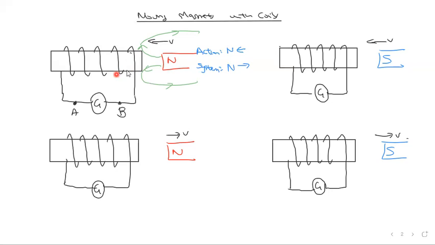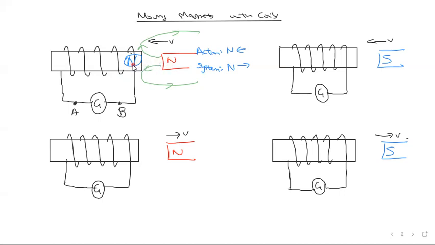Now, the only way the system can really repel the North Pole is to make its own North Pole. So it has the capability to make a North Pole. It can make a North Pole there. Now, if it makes a North Pole here, because after all, it can get current to flow, that will repel this North Pole.